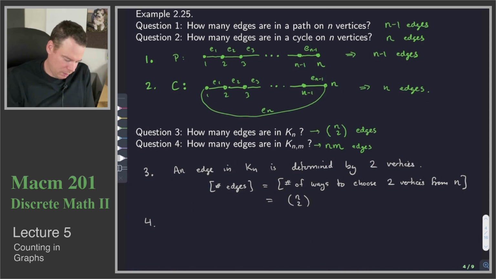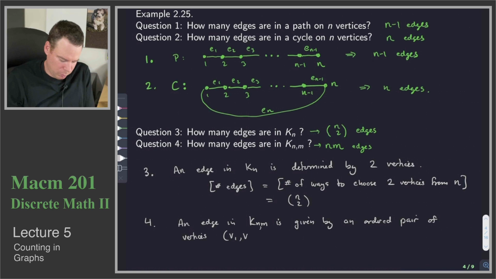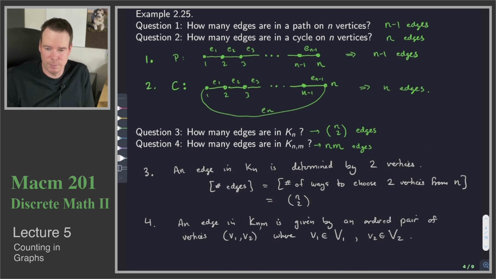Why is that? Well, an edge in Knm is given by an ordered pair of vertices. I can specify it by this pair v1, v2, where v1 is a vertex from the vertex set capital V1, and v2 is a vertex from the vertex set capital V2.